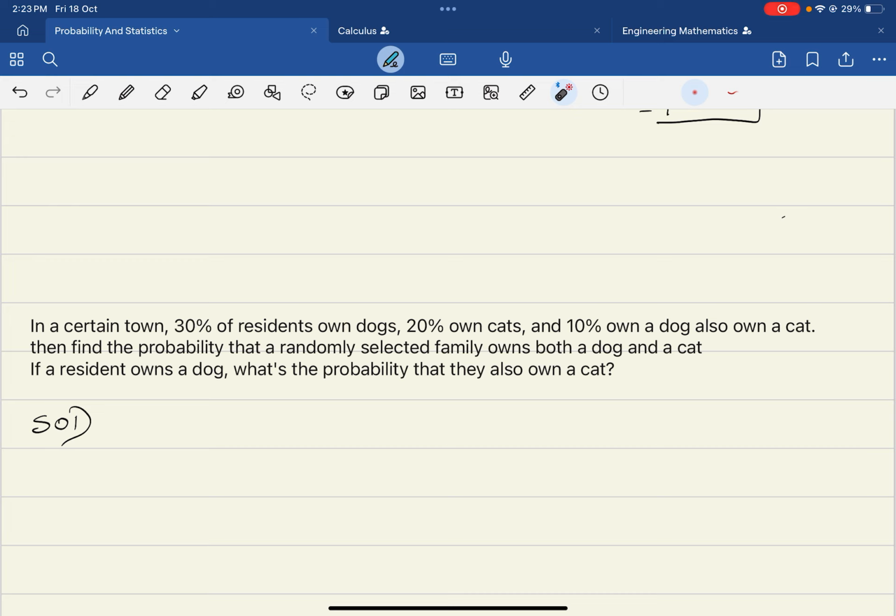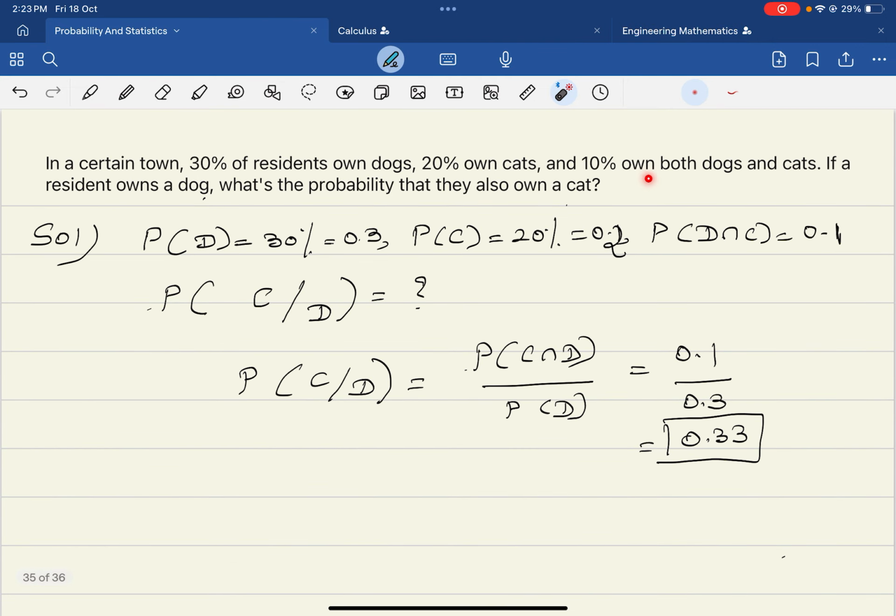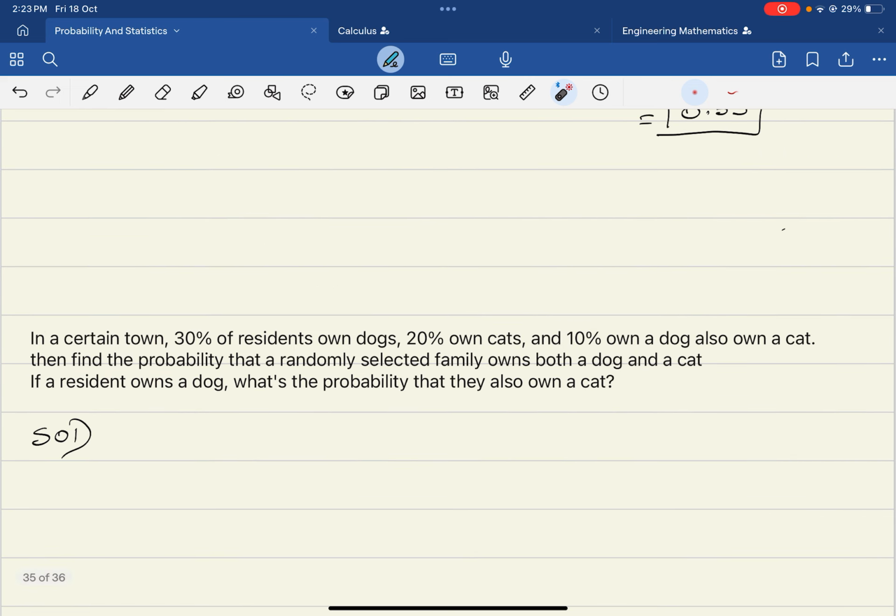There is a difference from 10% own both dogs and cats. It is very clear that there it is D intersection C. But in this question, 10% own a dog, they also own a cat. That means he already has a dog, and now he wants to own a cat. That probability is 10%. So there is a difference between those two.